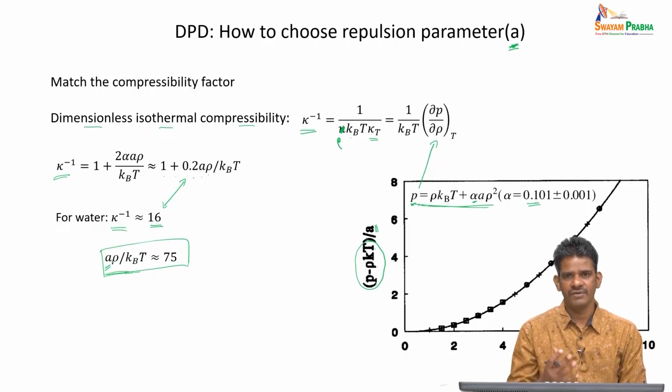But here, because of the way we are doing this coarse graining, and forcing the isothermal compressibility to equal the experimental value, the potential parameter A depends on the density of the system itself. So every time you change the density, A has to change.